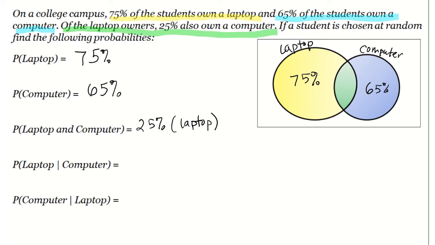So the intersection is not 25%, it's going to be 25% multiplied by the 75% of the laptop owners. So that's going to be 0.25 times 0.75.